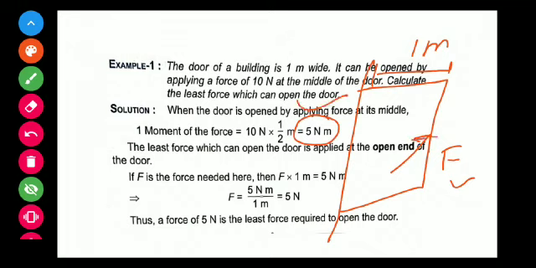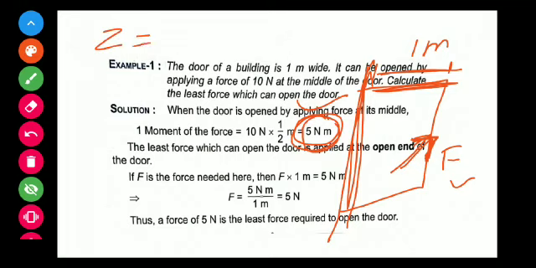We apply a force at the edge here, and the distance of this point from the axis of rotation is 1 meter, and moment of force is 5 Newton meter. Torque is equal to force into perpendicular distance.